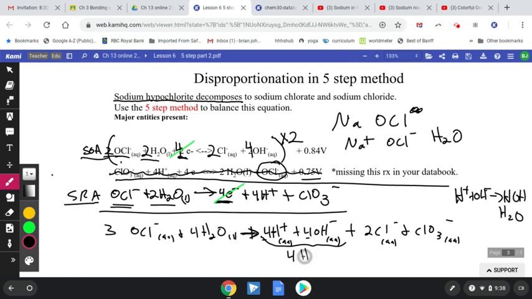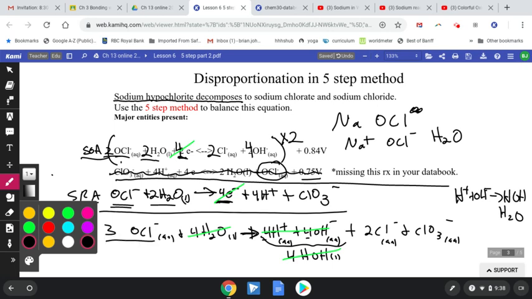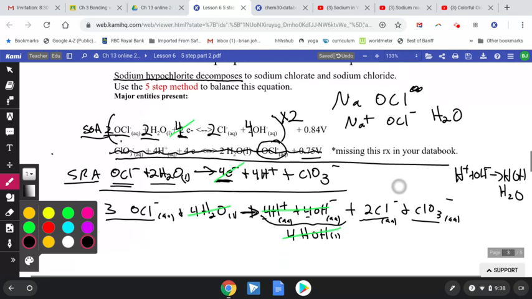That's the same as 4 waters. And we have 4 waters on the other side. So 4 waters cancels out with our 4 waters. So the simplified reaction is 3 OCl minus makes 2 chloride and a chlorate.